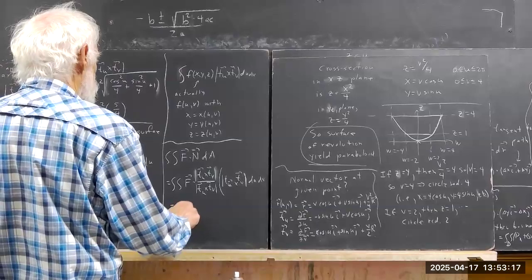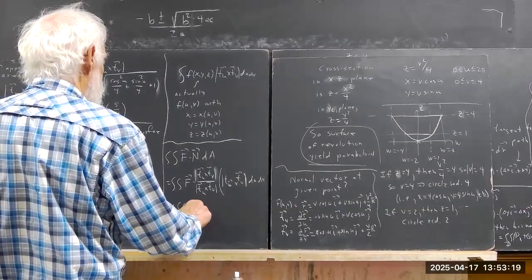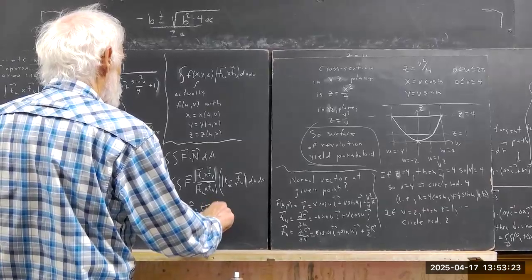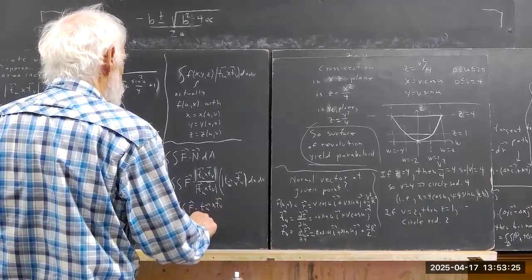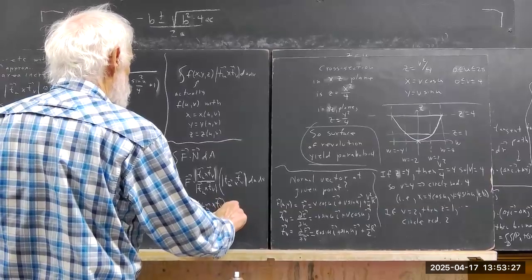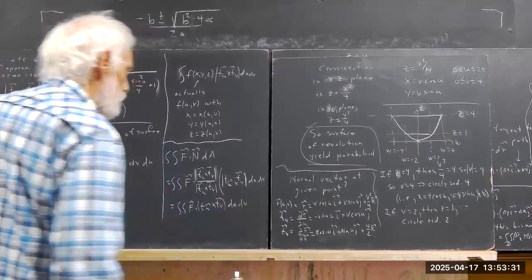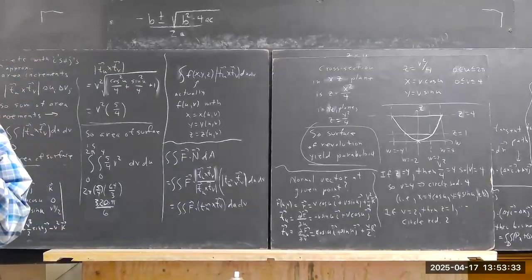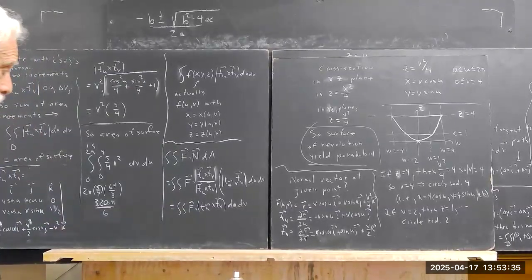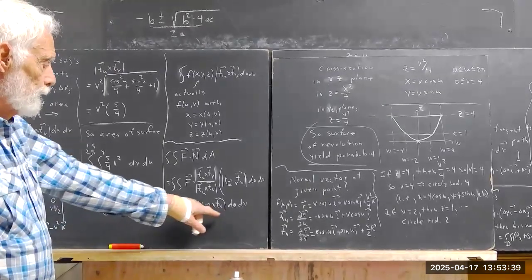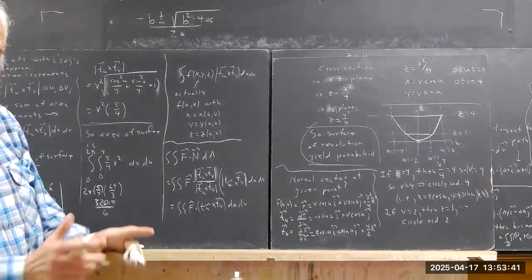which just ends up equaling the integral of f dot Tu cross Tv du dv. Okay. And remember that what is the vector Tu cross Tv?